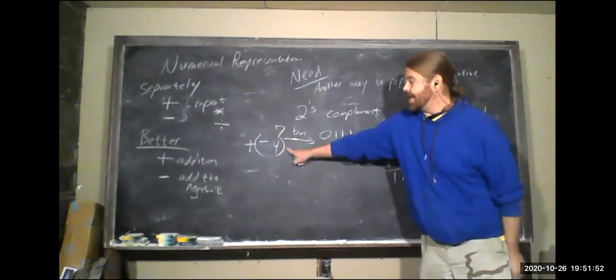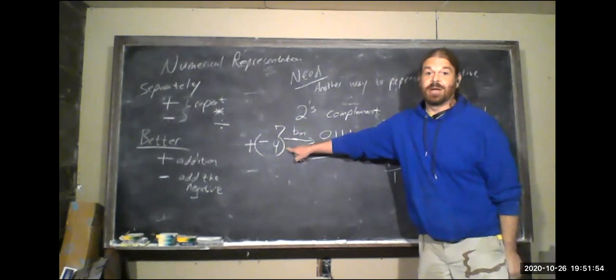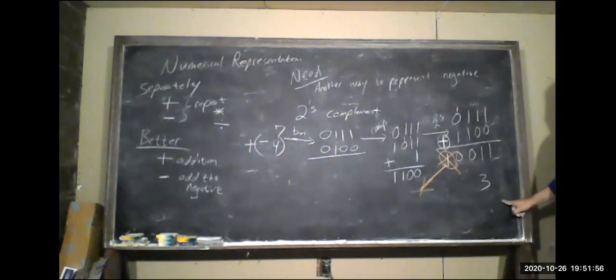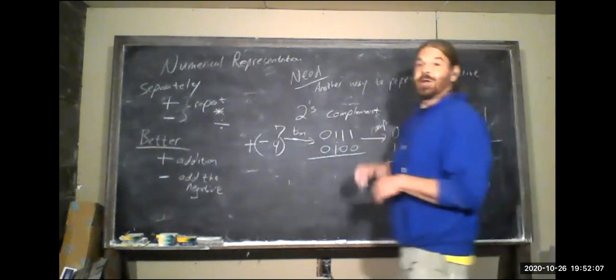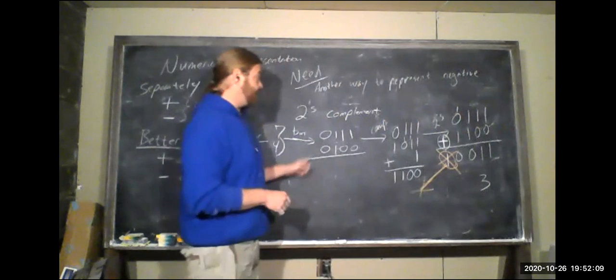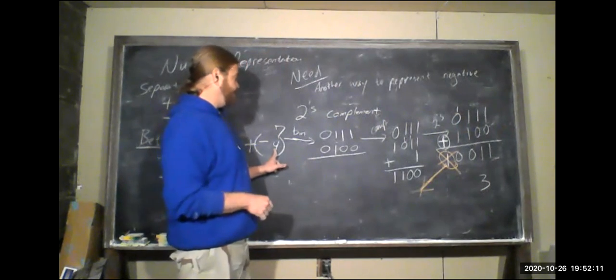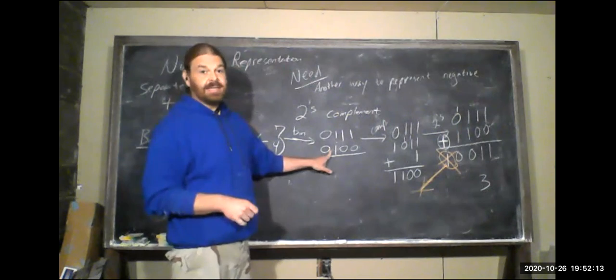So is that the right answer? 7 minus 4 should be a 3, right? Mm-hmm. So that's how computers actually perform the math. Computers just carry out this pattern. Whenever we're subtracting, it switches it.